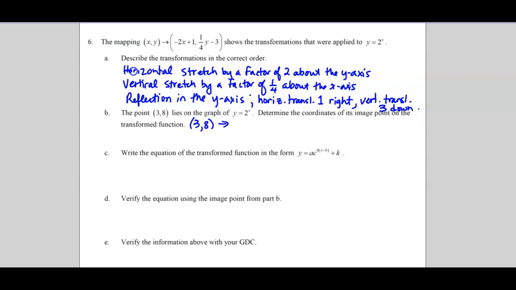So horizontal stretch, vertical stretch, reflect in the y-axis, and then translations, one right and three down.